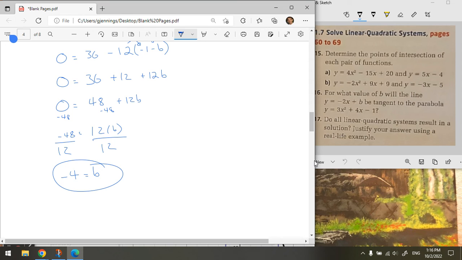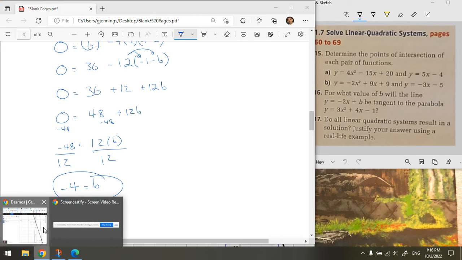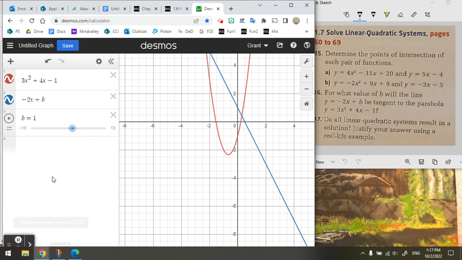All right, so let's visualize it in Desmos and see if we're right. Here's the situation where we have our quadratic, f of x is 3x squared plus 4x minus 1, and our linear equation is negative 2x plus b. I set b as a slider. Looks like b needs to go down, down, down.